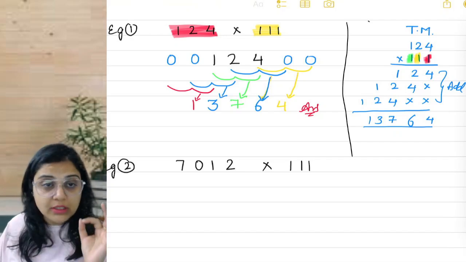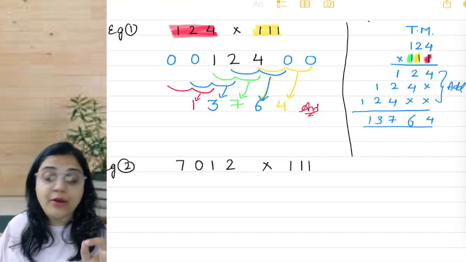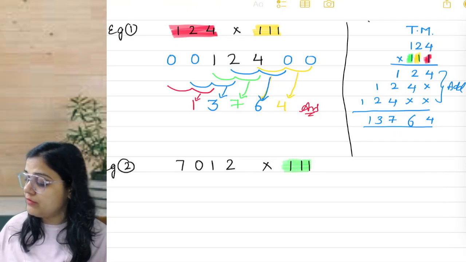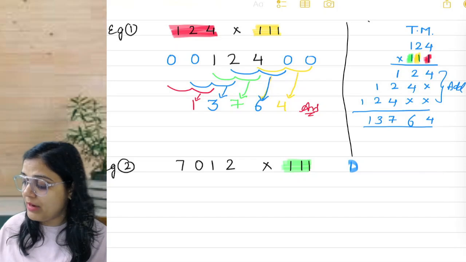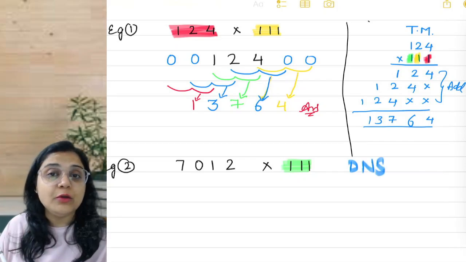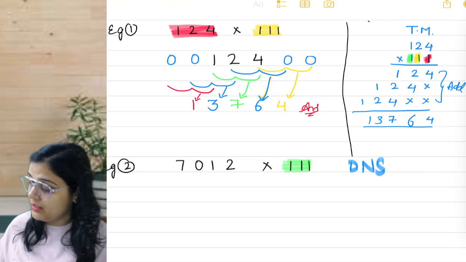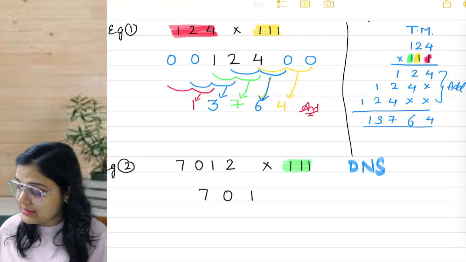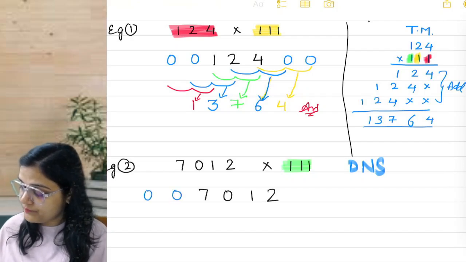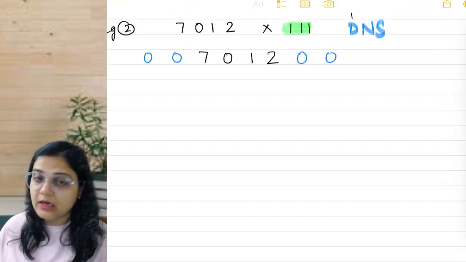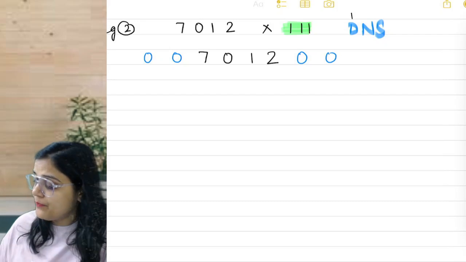So the moment you see 111, you should have this in your mind that we are going to apply the double knot sandwich method, the DNS method. The DNS method says to write the multiplicand as it is and sandwich it between double knots. Double bread burger. I'm scrolling up so that I get some space to write.